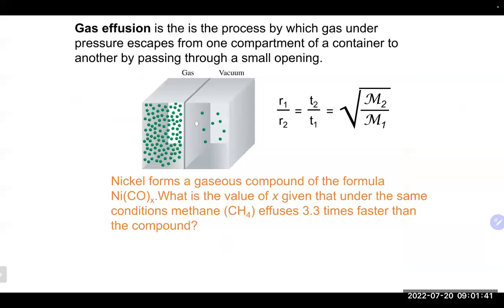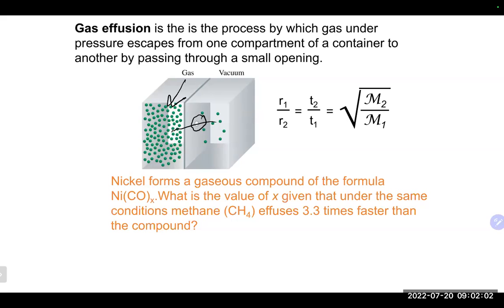There's also gas effusion. Gas effusion is the process where a gas under pressure will escape from one side of a compartment to the next through a hole, if you will. So obviously we have a lot of gas molecules in here, a lot of pressure, and a small little hole right there. These guys are going to pop out through the hole to the other side.